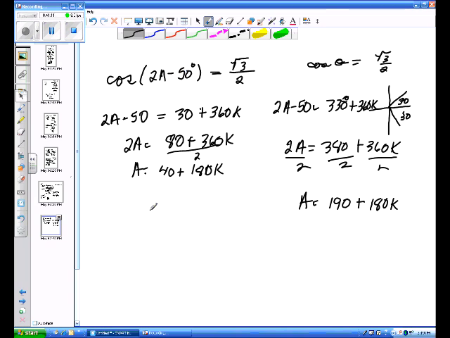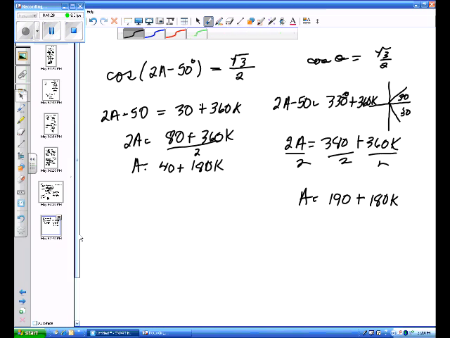Well, that would be 1 rotation plus 30 more. So this is getting all of your angles whose reference angle is 30. And then this would be getting all of your angles in the fourth quadrant. That would give you that value.